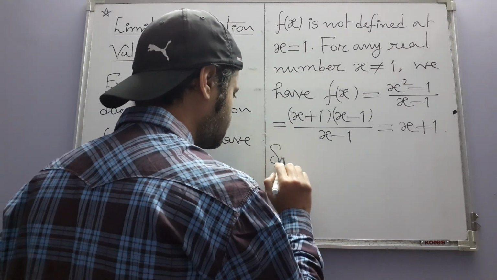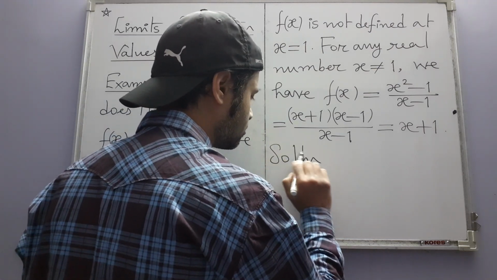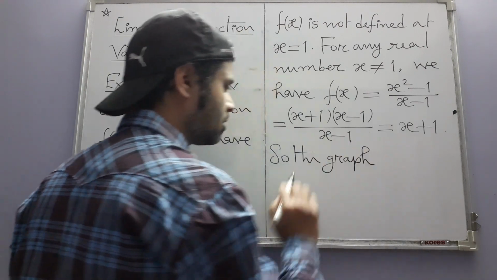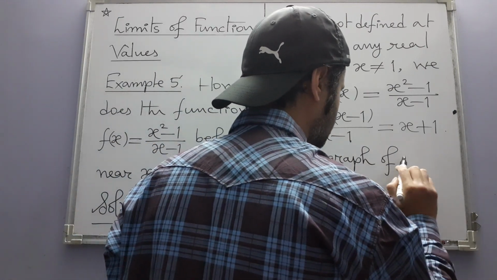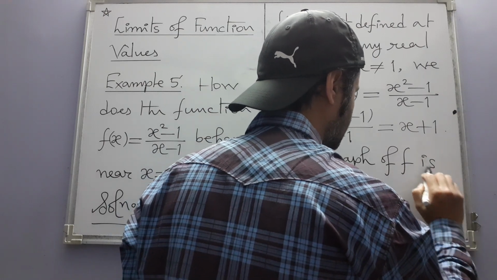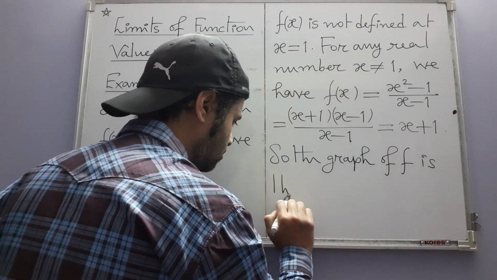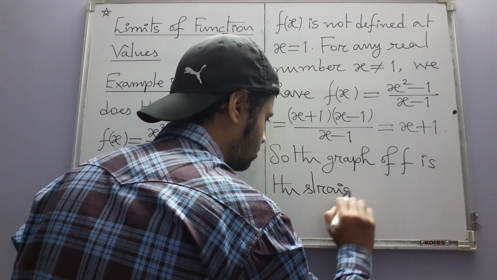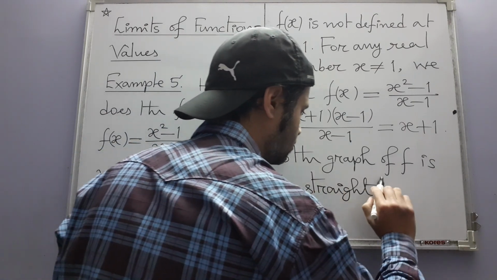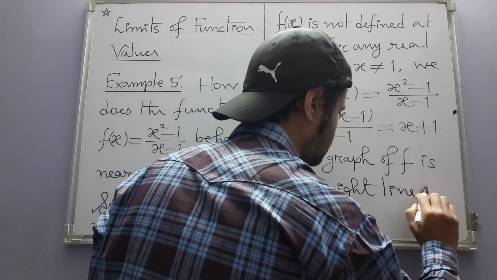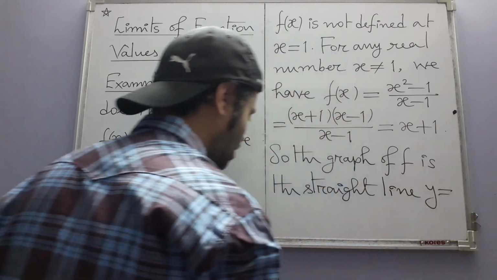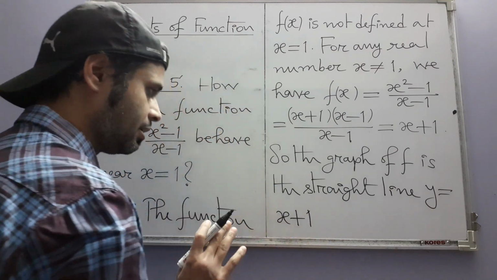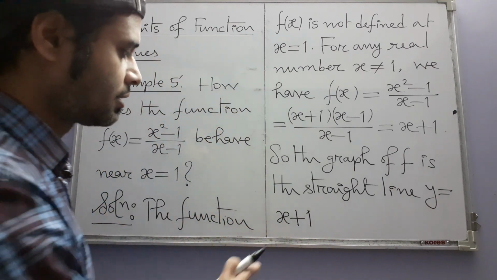So the graph of f is the straight line y equal to x plus 1, but definitely not the entire straight line.